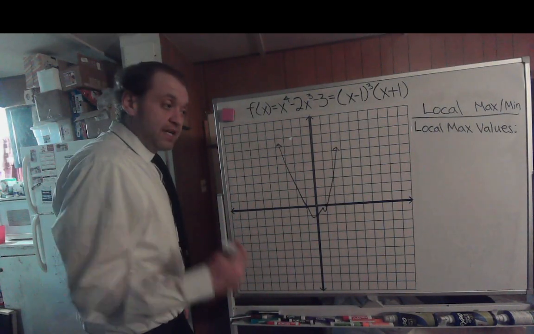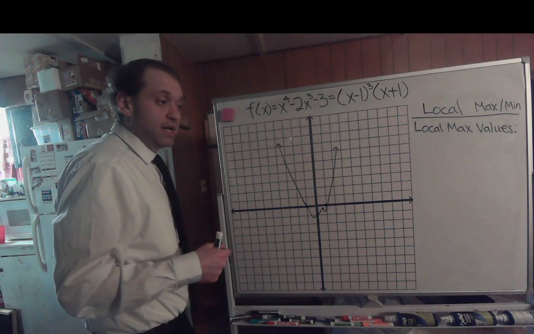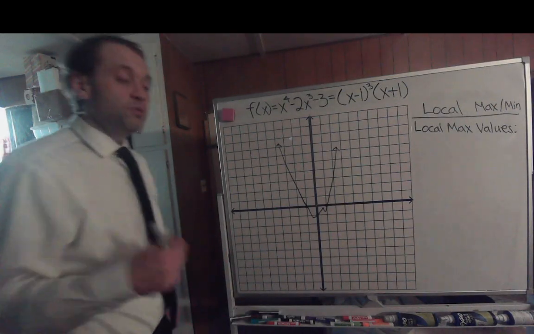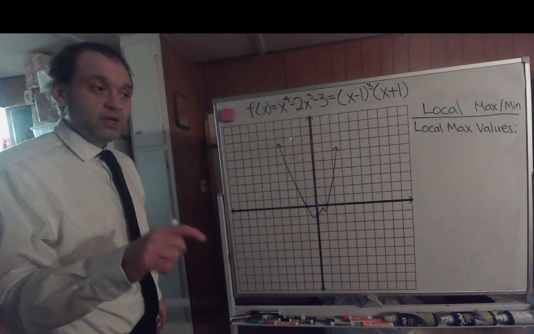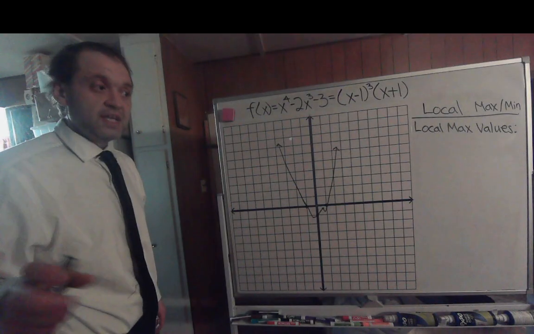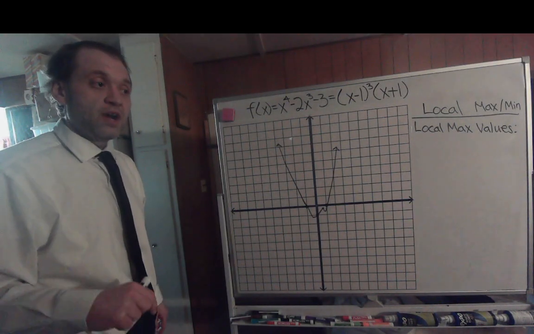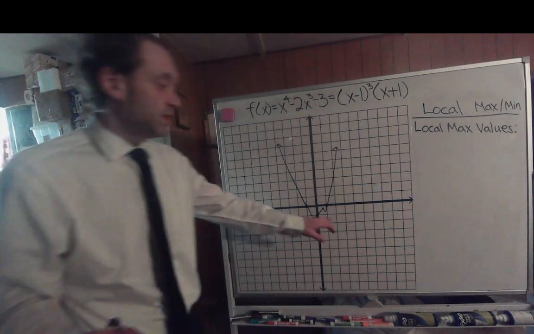Without a graphing calculator, the best we can do is estimate, unfortunately. You can put it into a graphing calculator and then go to the extrema or the max-min feature on there and trace it and find those values that way in a graphing calculator around to so many decimal places, or you can graphically estimate it.